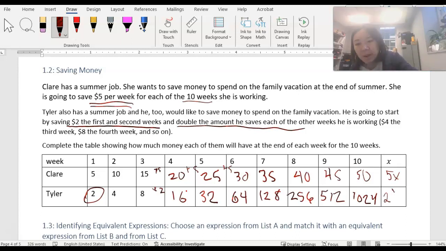So it's 2 to the power of x, because if I do 2 to the power of 2, where x represents the weeks, I get 4. If I do 2 to the power of 3, that's 2 times 2 times 2, that gives me 8. If I do 2 to the power of 4, I'm multiplying it by 2 again. So because each time I'm multiplying the series before by 2, I'm going 2 to the power of x.